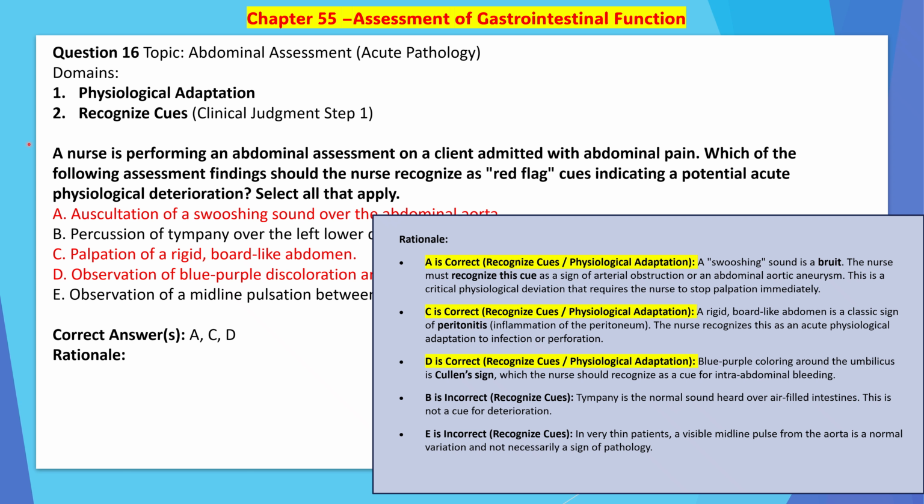So if you see this, it's a little bit similar to the previous one. Blue-purple coloring around the umbilicus is the Cullen sign, which the nurse should recognize as a cue for intra-abdominal bleeding. So that's the questions for this assessment of gastrointestinal function chapter in the GI unit.